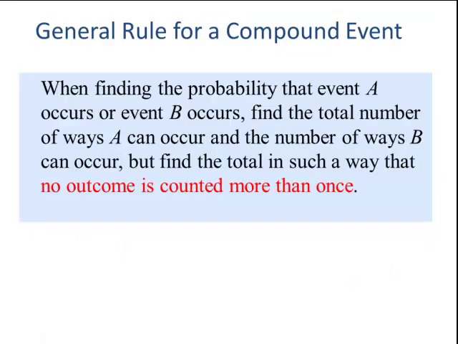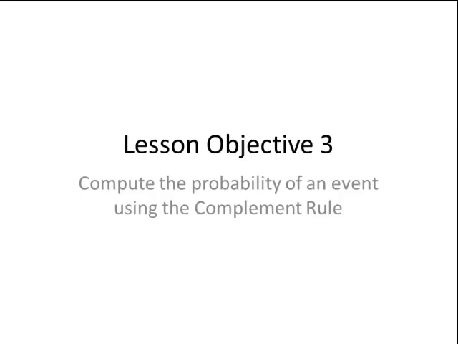So the general rule for a compound event: when finding the probability event A occurs or event B occurs, find the total number of ways A can occur and the number of ways B can occur, but find the total in such a way where no outcome is counted more than once.